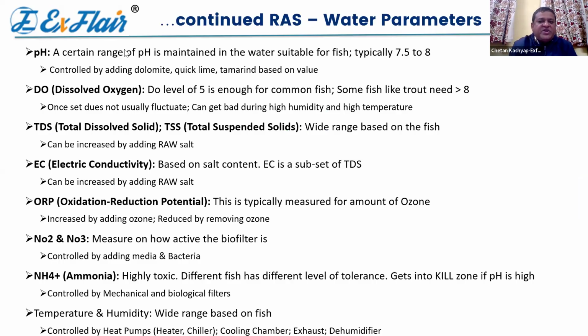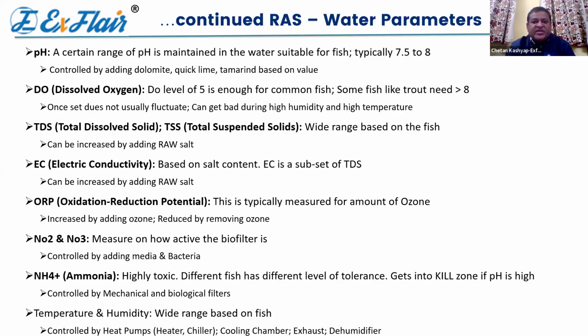We can control the pH in case we have a pH problem. If the pH is high, it means it is alkaline. If the pH is low, it means acidic. If it is acidic, then we have to add quicklime. If it is alkaline, we have to add tamarind. Or in one of the cases, we had to use citric acid to control the pH because it was very high and very difficult to control.